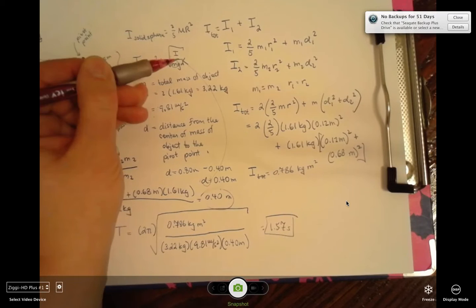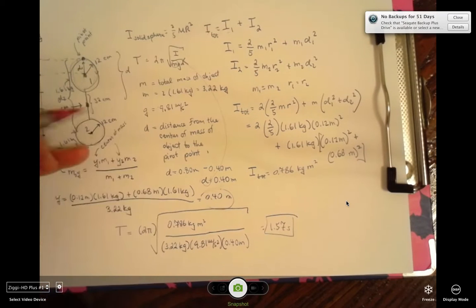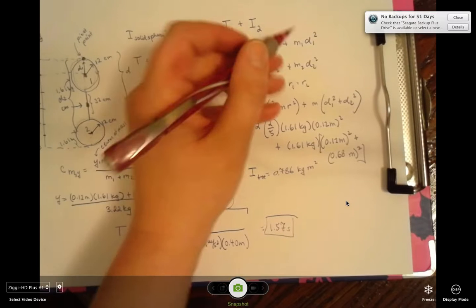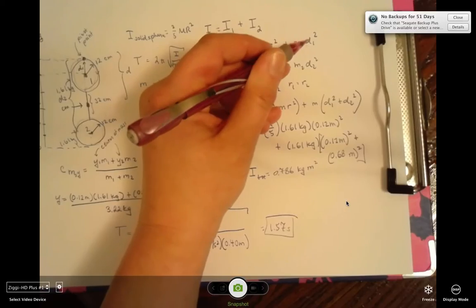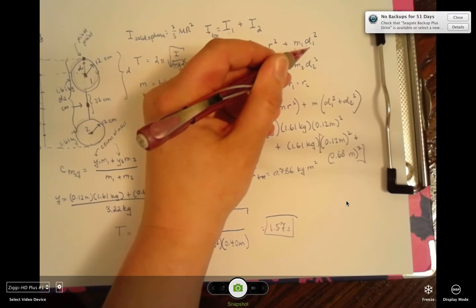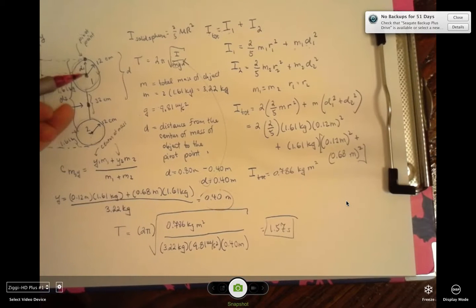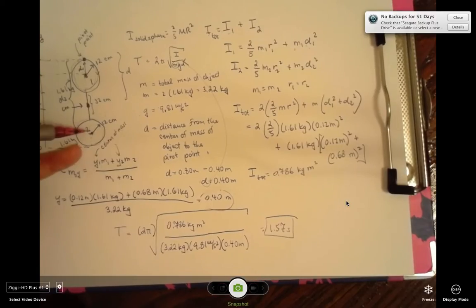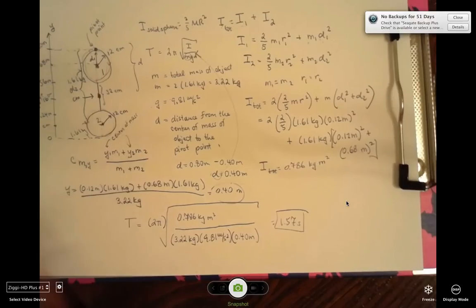And then your moment of inertia, the total one, is each of their individual ones around their center of mass plus m times the offset from the center of mass to the pivot. If the center of mass is at the pivot, you don't need this term. Your d is going to be 0. But in most cases, it's slightly offset. Here it was offset by a radius. Here it was offset by the radius plus the rod. I would recommend just going in, writing down these equations and what each of these things mean. That's probably your best bet when it comes to these.